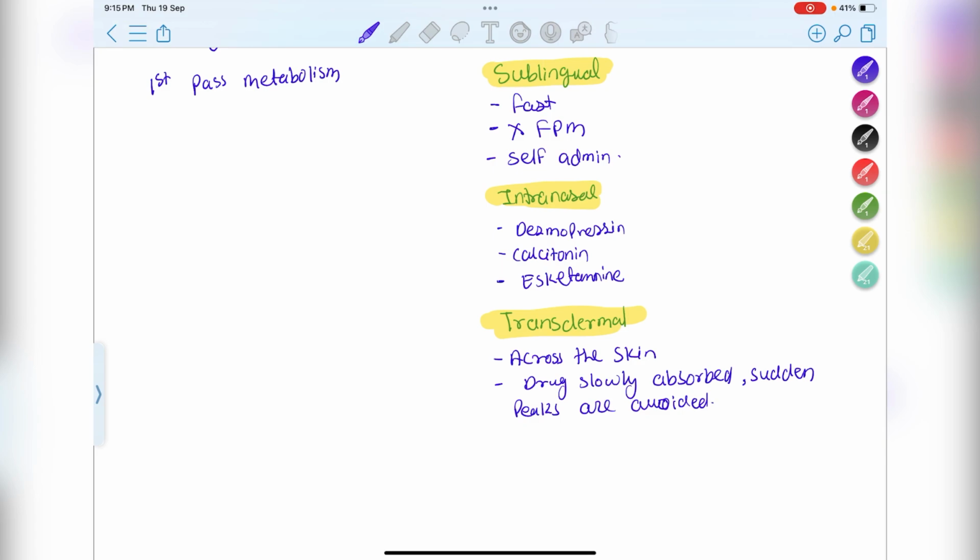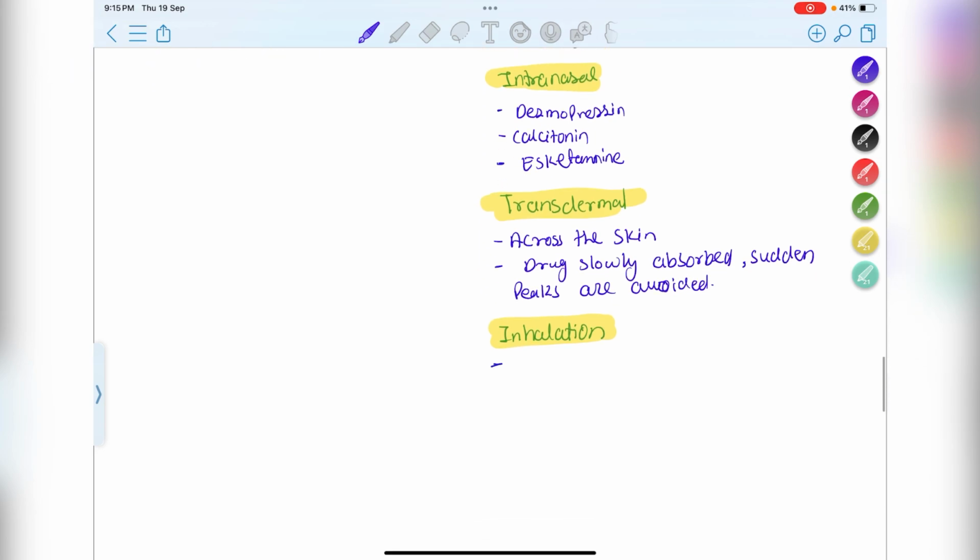And the last route is inhalation. When you take any drug by inhaling, that is inhalation. And inhalation is not only by nose. The aim of the inhalation route is that the drug should reach directly into your lungs.